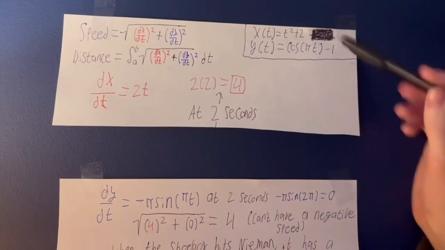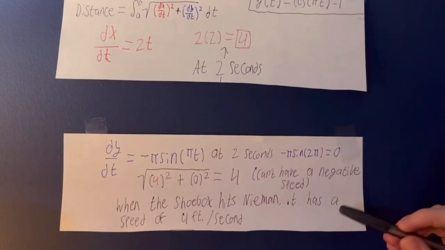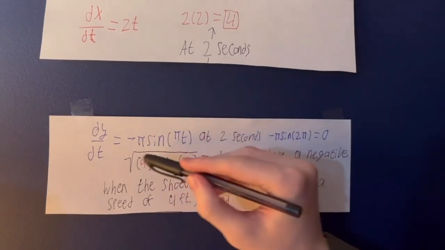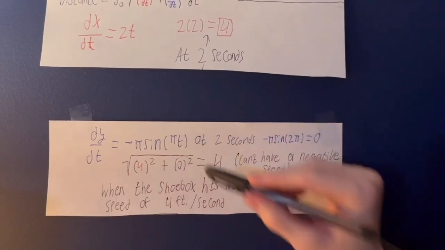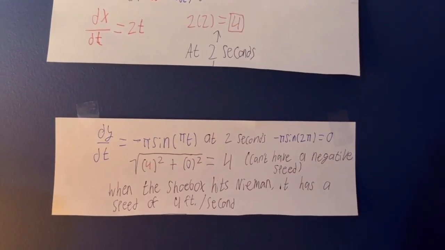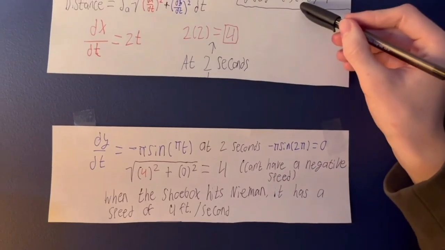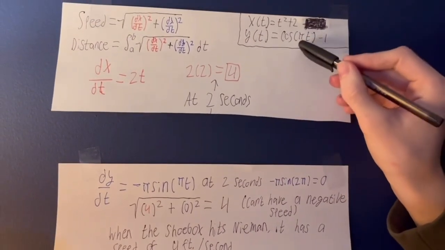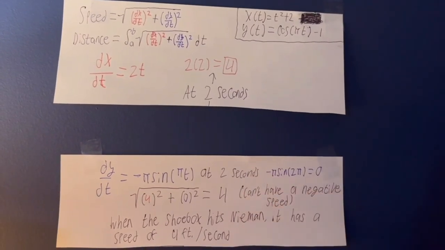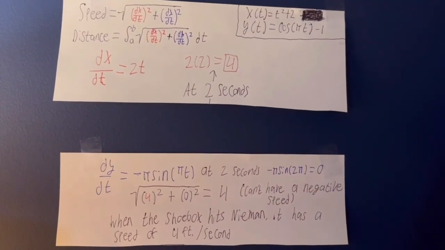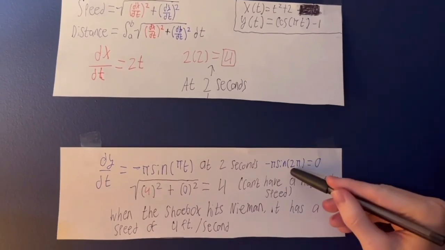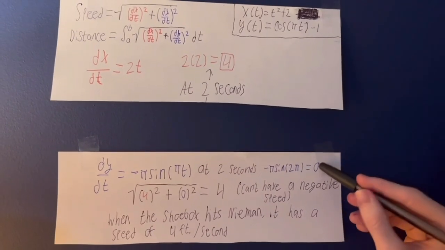Now for the y function, it's a little bit harder. You have to do the chain rule, but you end up getting negative pi sine of pi t. The derivative of cosine is negative sine, and with the chain rule you take the derivative of what's inside, pi times t, so you get pi. At 2 seconds, you get sine of 2 pi times negative pi, but sine of 2 pi is already 0.